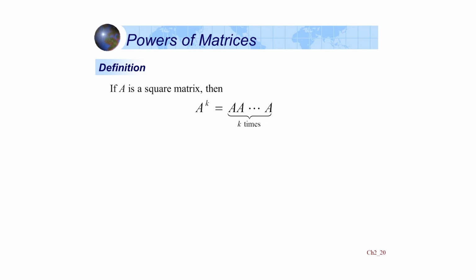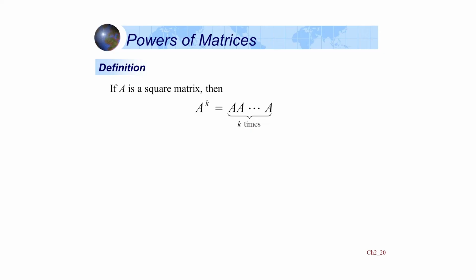Another notion that can be defined for square matrices is their powers. So what is A to the power K? Just multiply A by itself K times. A to K is A multiplied by A and so on, K times.